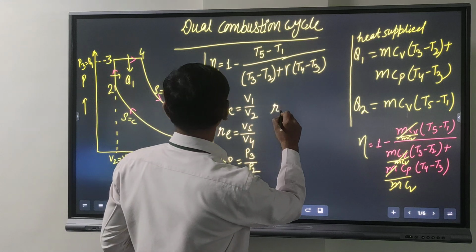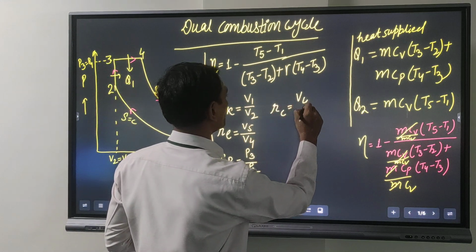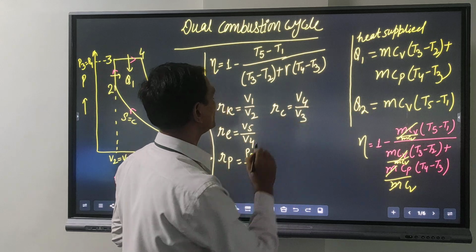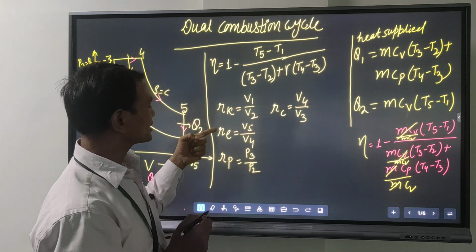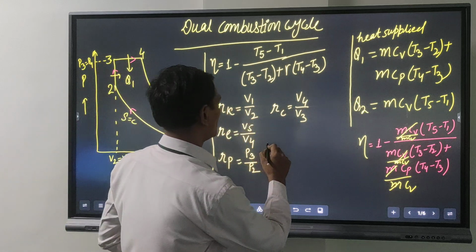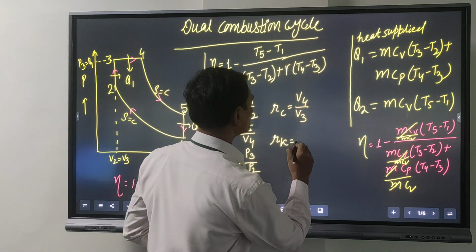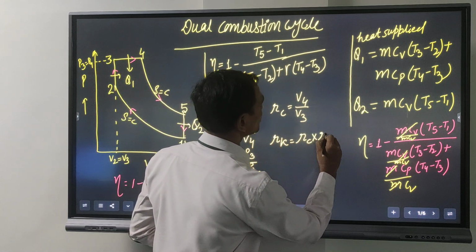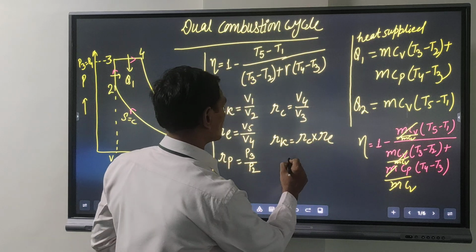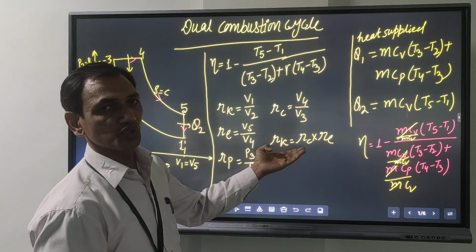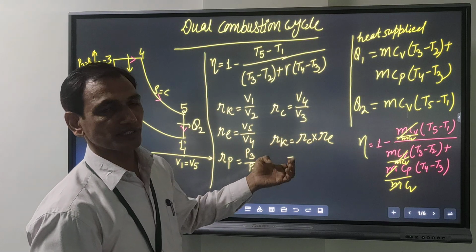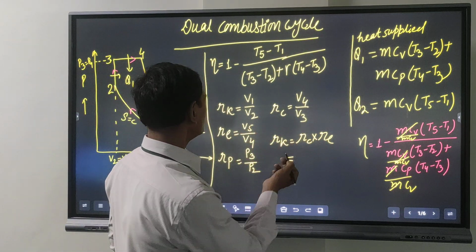cutoff ratio RC is equal to V4 by V3, and here we see the relationship between the compression ratio, expansion ratio and cutoff ratio. RK is equal to RC into RE. Now how can I say the compression ratio is equal to cutoff ratio into expansion ratio? Let us see.